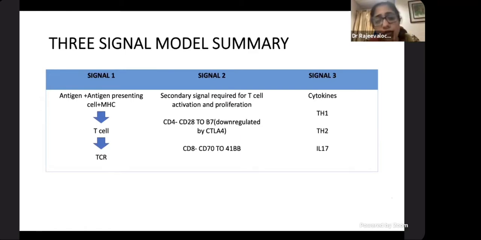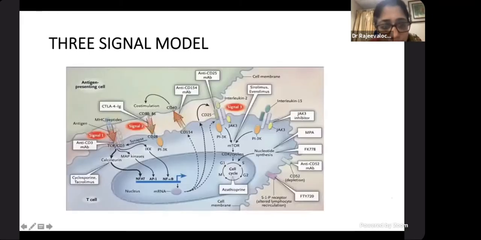This is presented to the T cell: CD4, the helper T cells, and CD8, the cytotoxic T cells. Once presented, it binds to the T cell receptor. This is signal one, shown in this slide.